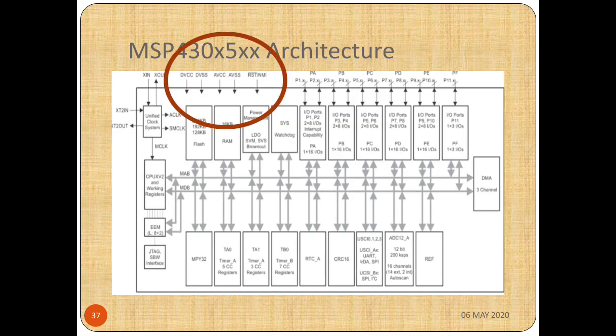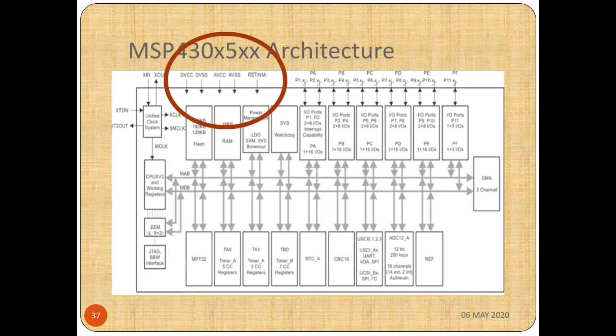Then here we have DVCC, DVSS, that is, VCC we use for the supply voltage and VSS we use for representation of the ground terminal. DVCC means digital supply, DVSS means digital supply ground terminal, then analog VCC, analog VSS.